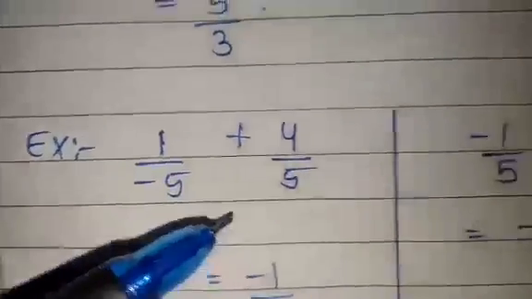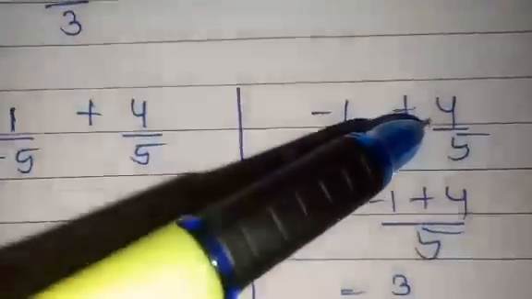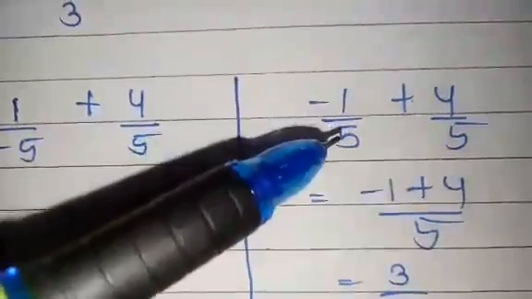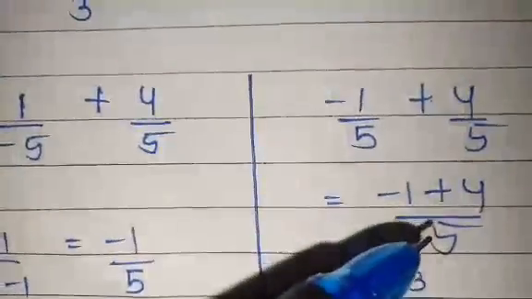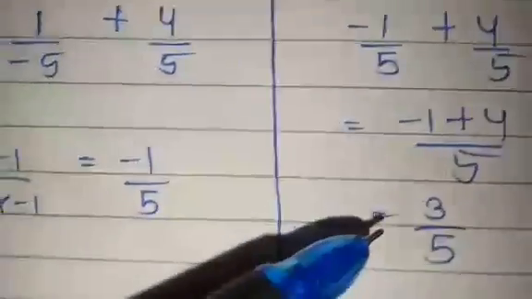So the number changes to minus 1 upon 5 plus 4 upon 5, and here our denominators 5 and 5 are both same. So the denominator is written only one time and the numerators are added, that is minus 1 plus 4 upon 5. So your answer becomes minus 3 upon 5.